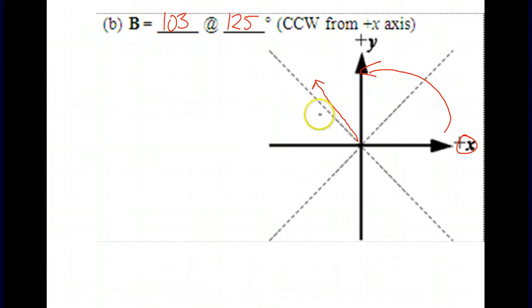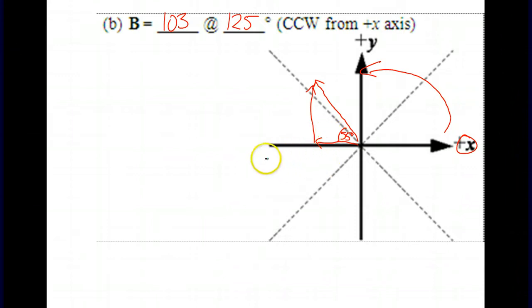All right, so now we know that one, and now we just need to know the y component and the x component. So if this is 125 degrees, what is this angle right there? 55. So we're really going to be using 55 degrees there.